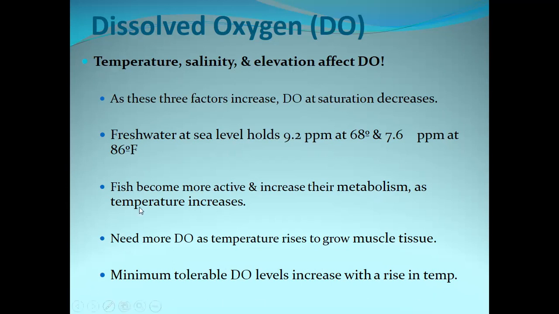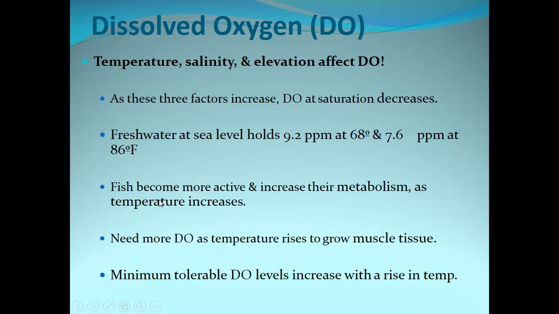So you have water at the same height above sea level, fresh water at sea level, and all you're doing is varying temperature, and you realize the amount of dissolved oxygen is a big difference, 9.2 to 7.6. Fish become more active and increase their metabolism as temperature increases.